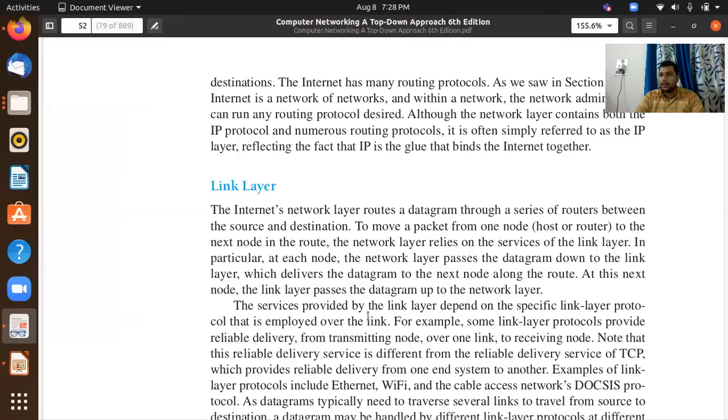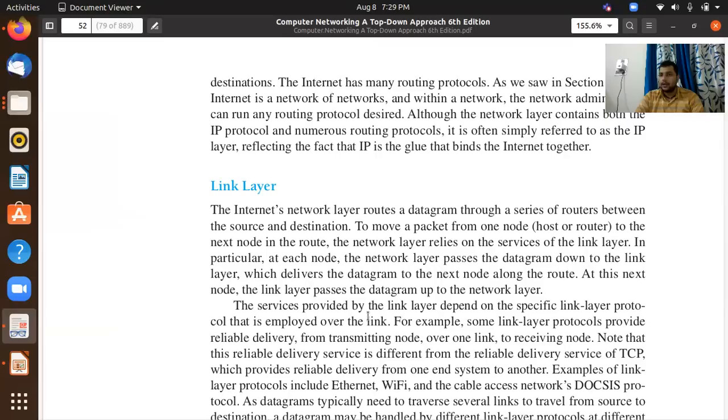So depending on the media technology which you are using for sending your packets over that link, the framing concept will change. So you might have heard about the ATM and frame relay networks. Those are all different from Ethernet technology, then Wi-Fi technology, and there are several more also. So based on the technology, that frame formulation and frame encapsulation happens, and that is taken care of at the link layer.